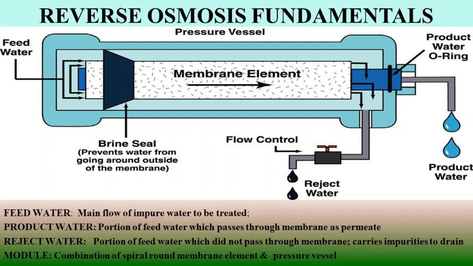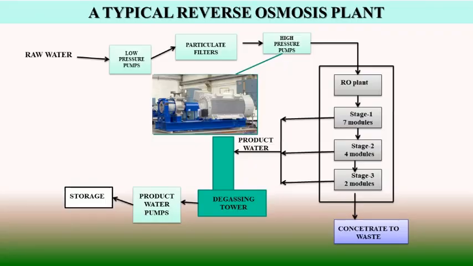Here, feed water is the impure water to be treated, product water is the clear water passing through the membrane as permeate, and reject water is the water which is actually drained. The RO system comprises modules, a combination of spiral wound membrane elements and pressure vessels.